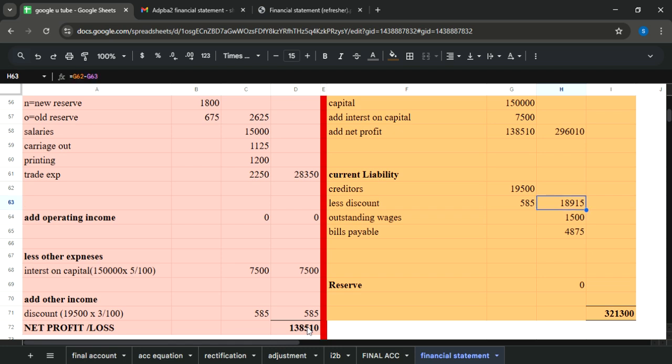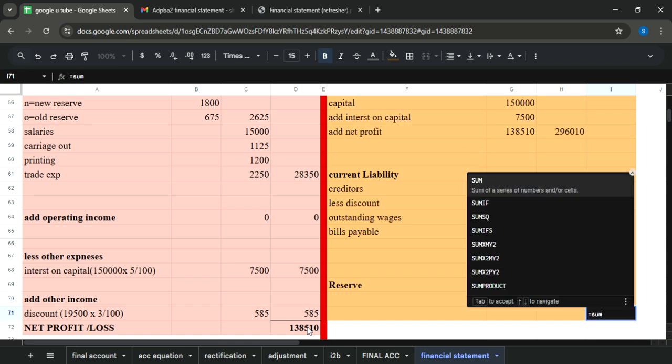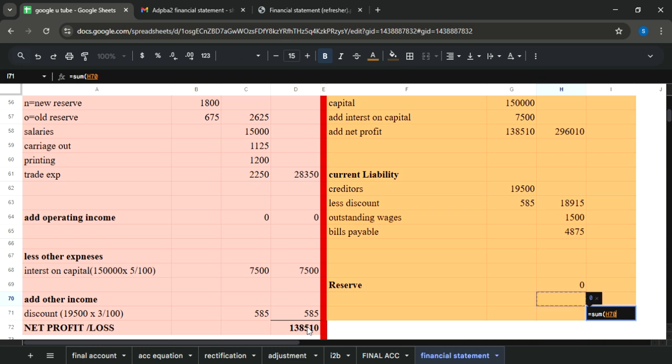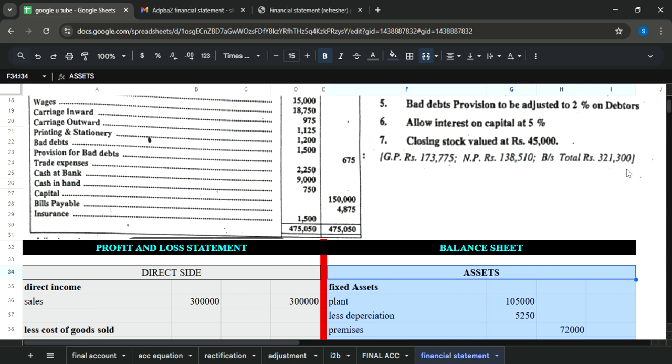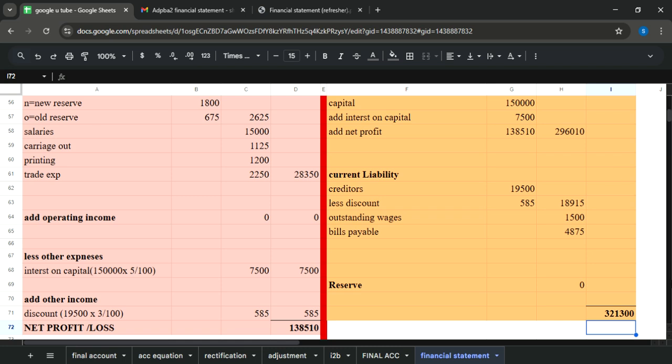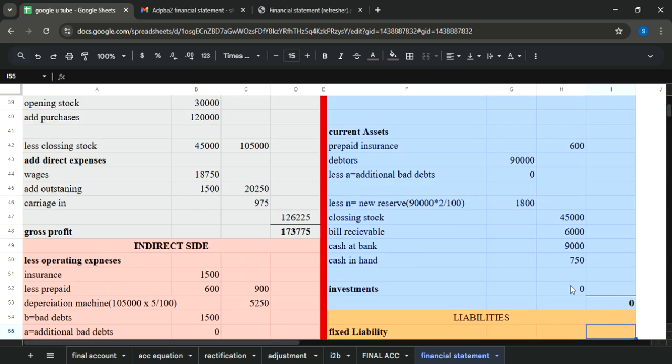It means this is your fixed liability and these are your current liabilities. No reserve is present. So you can finally take the sum of fixed and current liabilities. Whole sum you have taken, 300 balance sheet total, and here we have calculated 300. It means right side liability is completed.